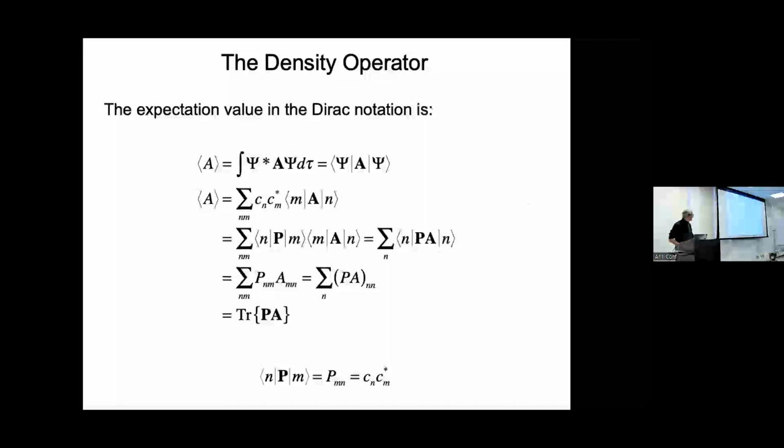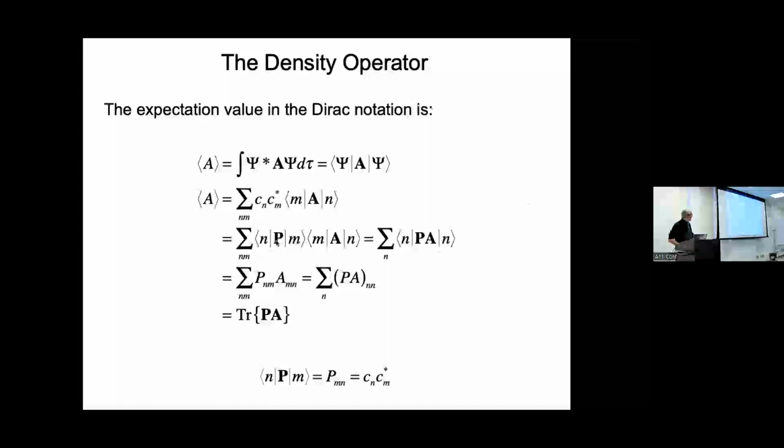Now, the cute trick then is to say, here I have something with two indices. Here I have something with two indices. Why don't I imagine this product in the same form here?